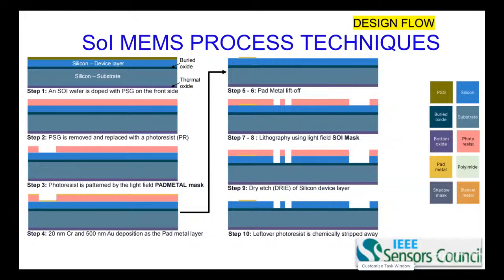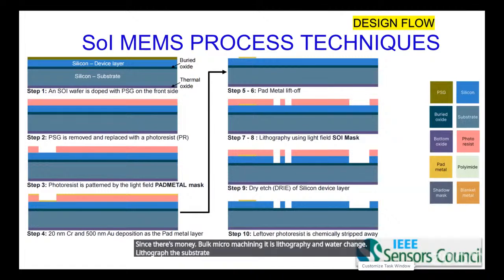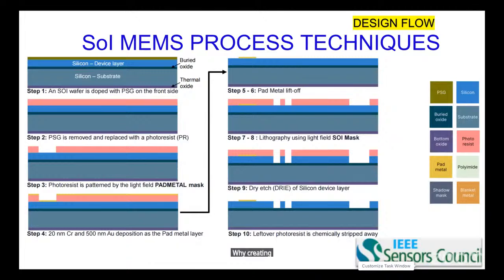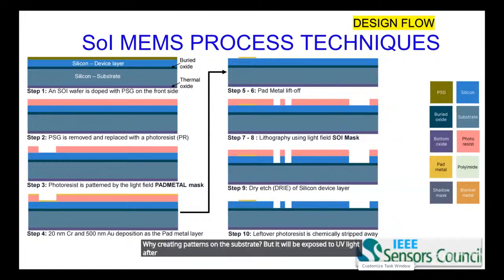Since it is bulk micromachining, it is lithography and etching. Lithography on the substrate and then creating structures or patterns on the substrate. While creating patterns on the substrate, it will be exposed to UV light. After exposing to UV light, it will be put in a solution for wet etching or plasma etching, which is called dry etching.